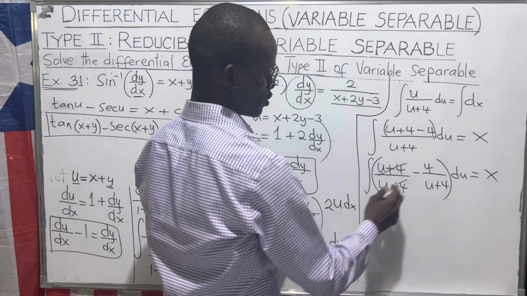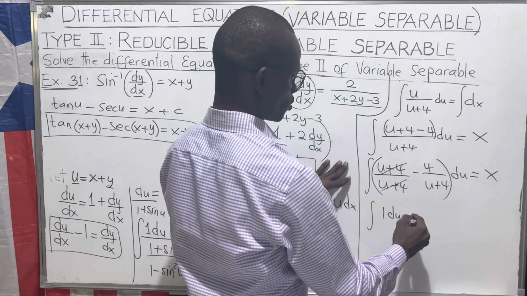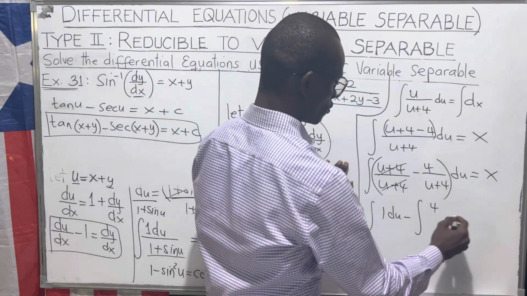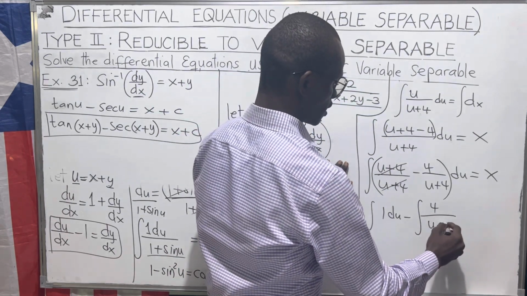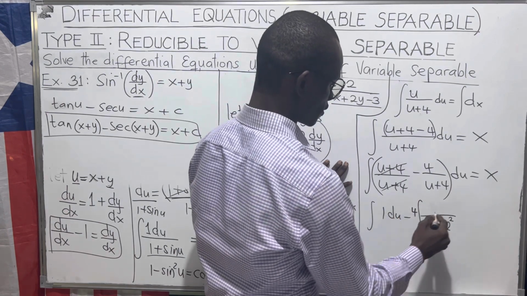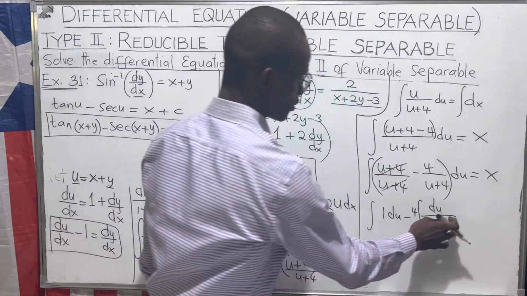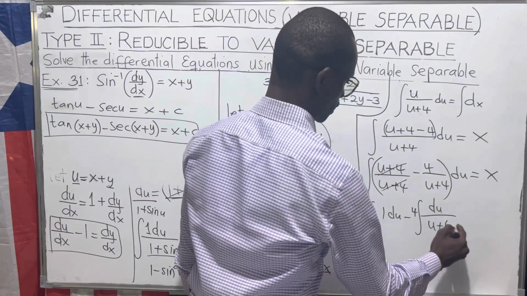So this into itself one time, this into itself one time, you just have the integral of 1 du minus the integral of 4 all over u plus 4. This 4, I can bring outside. Sorry, it's just 4.